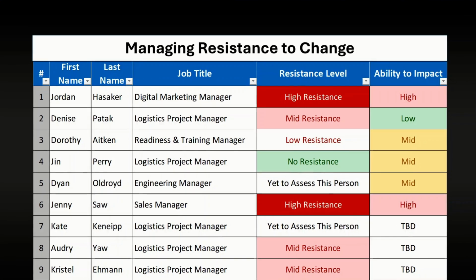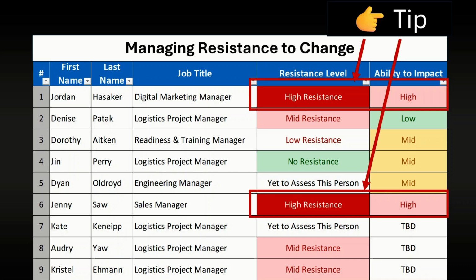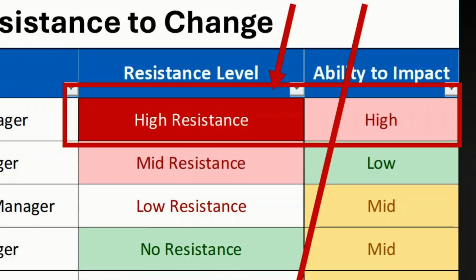When you take a look at this template that I have in front of me, you will notice that there are some stakeholders who, on the resistance level column, are flagged as high resistance, meaning they are actively and highly resisting the change. But check this out. Take a look at the other column, ability to impact the change.